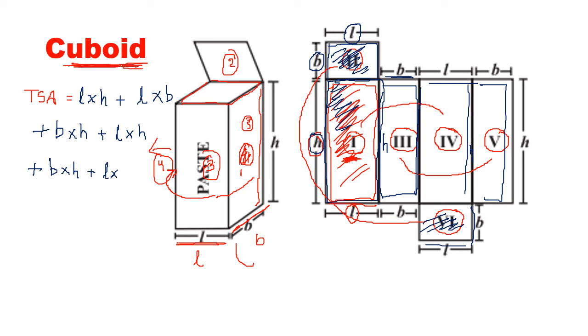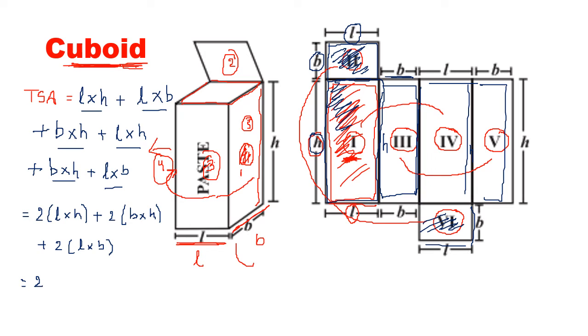So length into breadth. Now what do you observe? The length into height is 2 times. So I take 2 times length into height, plus the breadth into height is 2 times, so 2 times breadth into height, and the length into breadth is 2 times, so 2 times length into breadth.